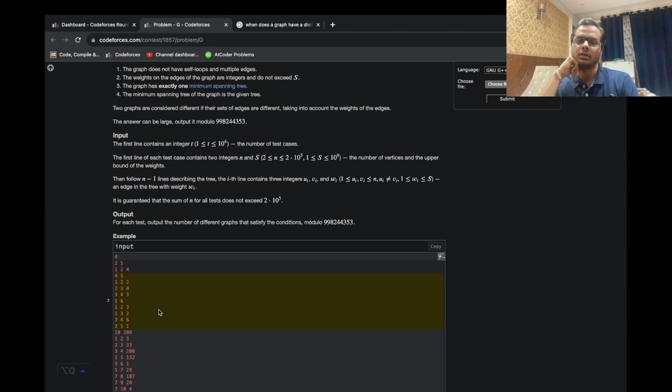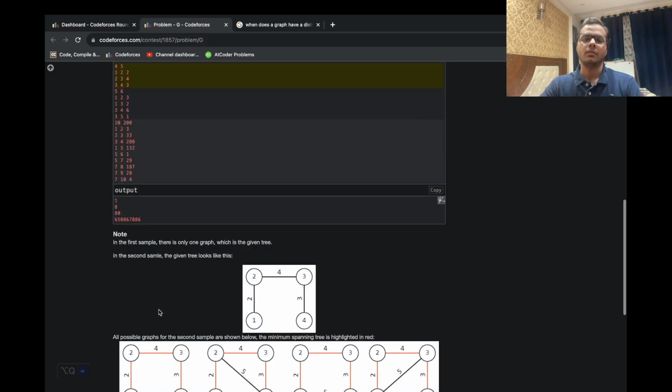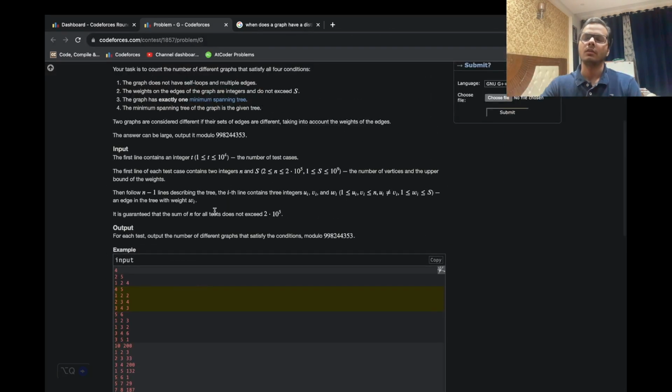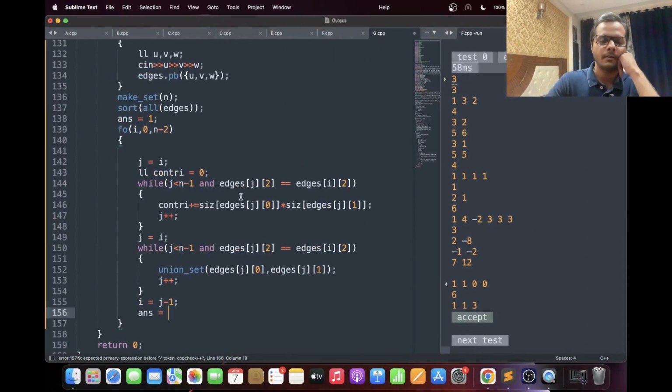So what can we do here? Between each pair, we can add an edge. Say the maximum element is 5, so we can either choose not to add an edge, so we have one pair which already has this edge.